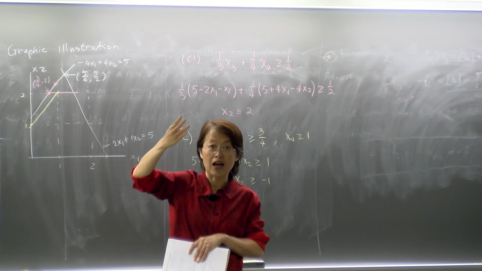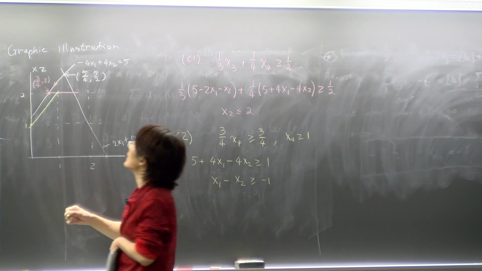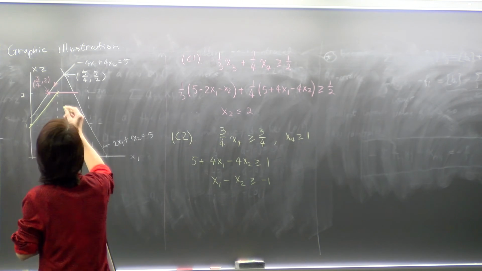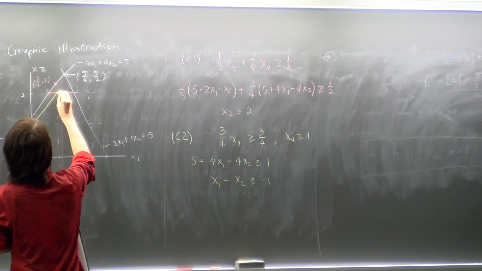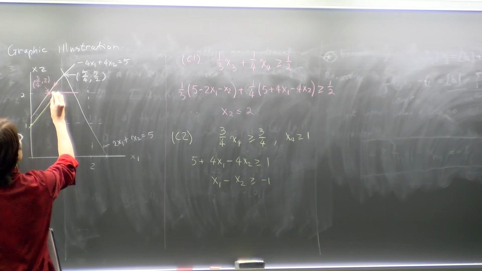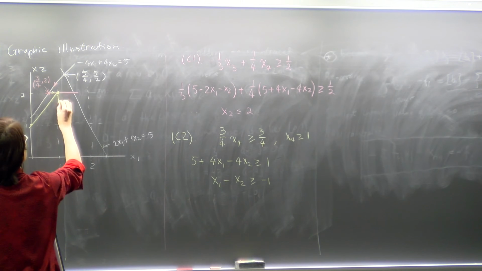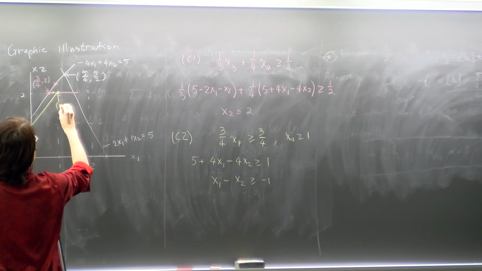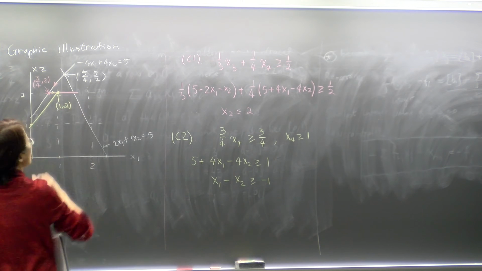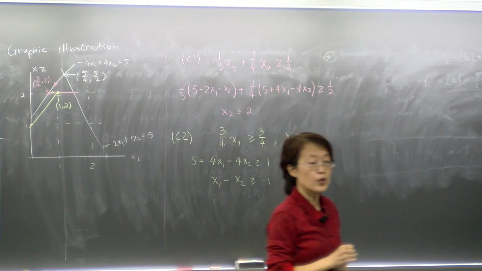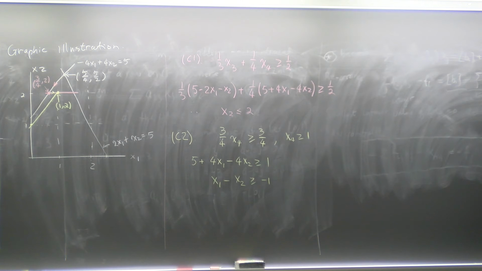It's cut outside. So you have to look for a new one, and then you see that the new optimal solution is actually here. So it's moving to here. So this is with the 1 and 2. So now it's at a grid point. It's integral, and that is your solution.